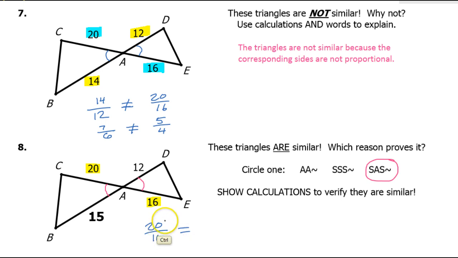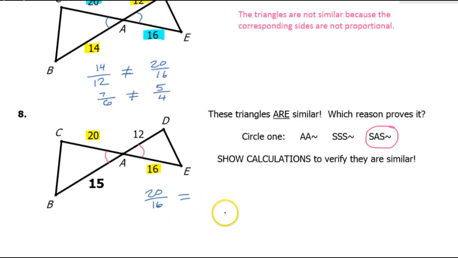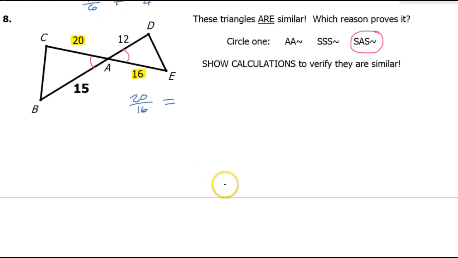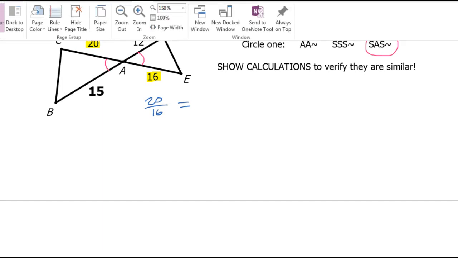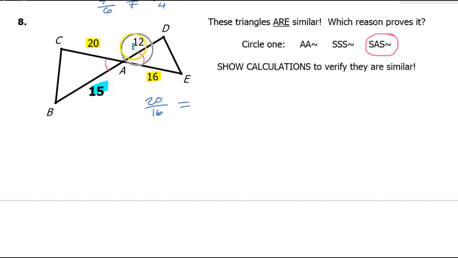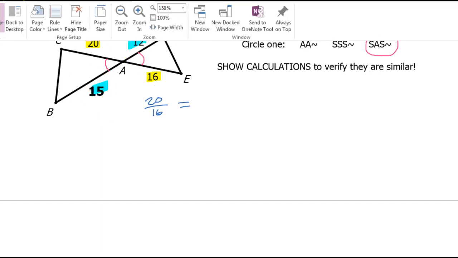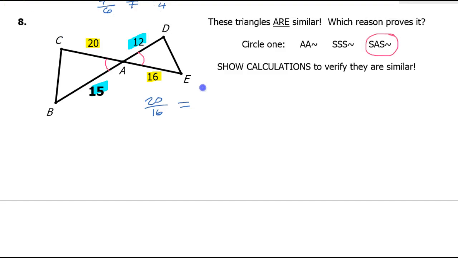So that's going to have to equal the other one. So I'm going to go ahead and put that equal sign down. So of course the other pair has to be the 15 and the 12. So 15 over 12. Both of these are divisible by 4, so that's going to be 5 over 4.